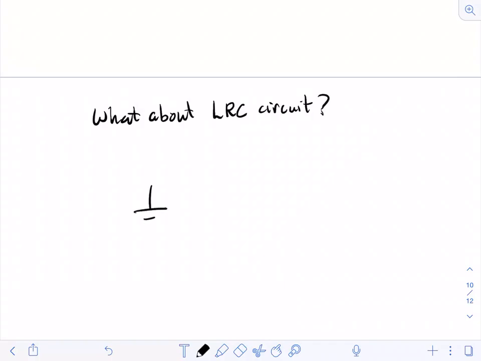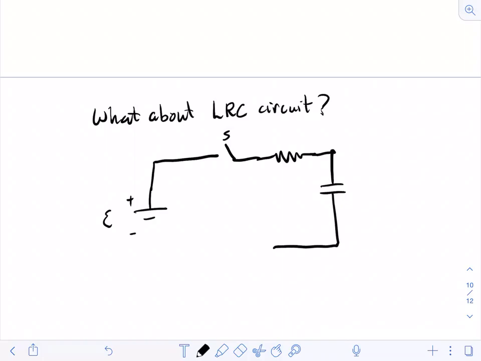What that might look like is a battery with some EMF, then a switch S, then our resistor, then our capacitor, and then our inductor, like so, and then we complete our circuit. This is R, C, and L.